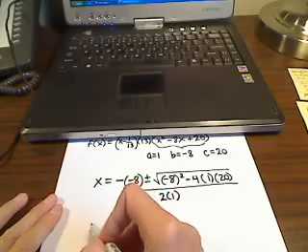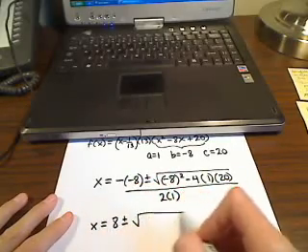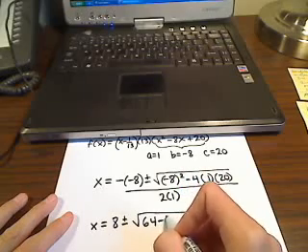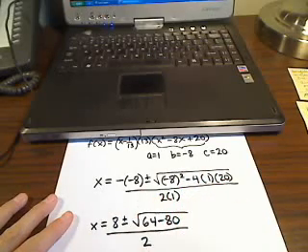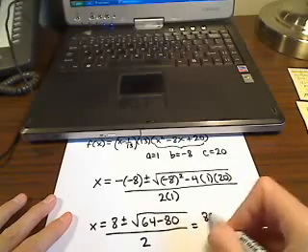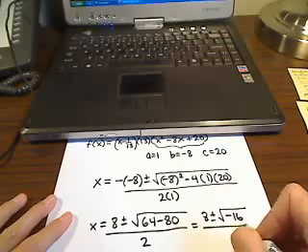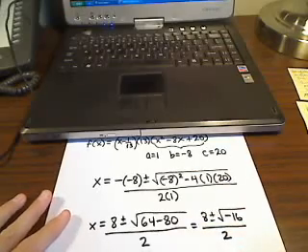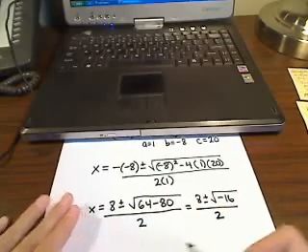That's going to give me positive 8 plus or minus the square root of 64 minus 80, all over 2, which is 8 plus or minus the square root of a negative 16. The square root of a negative number means that we're looking at an imaginary number, a complex number overall.